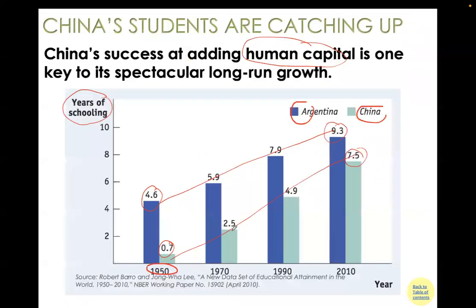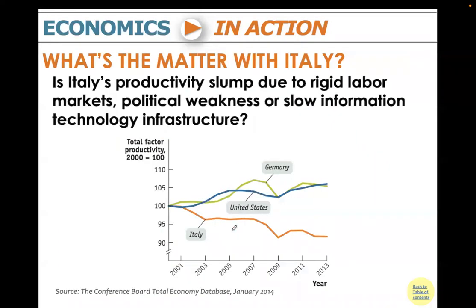You may argue that this is for two developing countries, not rich enough. But what we discussed also matters if we look at advanced economies. Here we compare Germany, the United States, and Italy. On the vertical axis is total factor productivity, which is key for labor productivity, right?